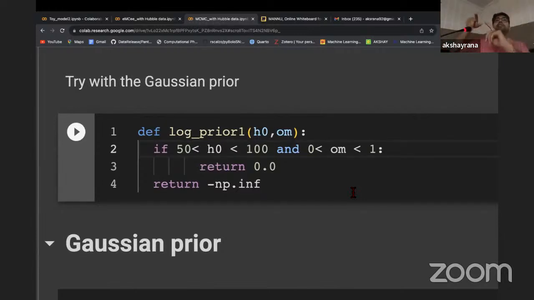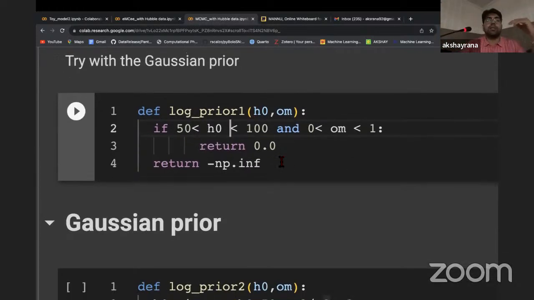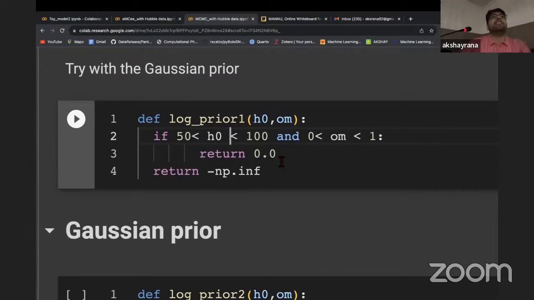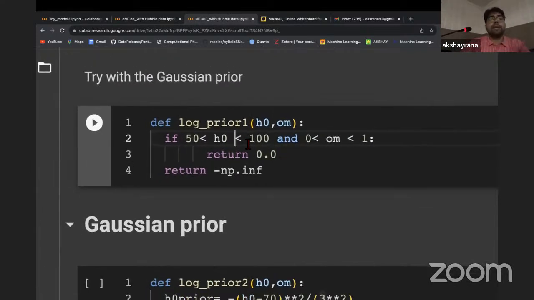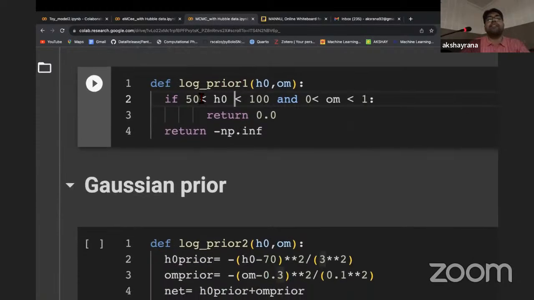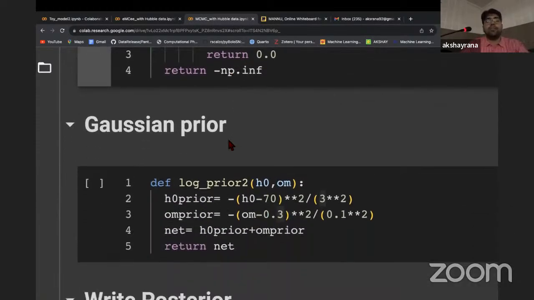It is very much similar to when I was giving you the example of the g value on the moon, where I can trust it can be anything between 0 to 10. So these are two different kinds of priors that you can choose. So the first one, the uniform one, I am giving the name uniform prior one.